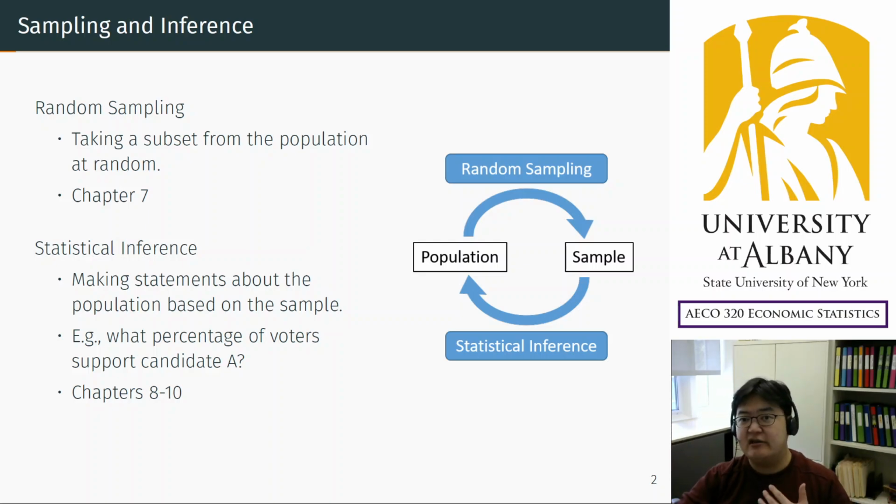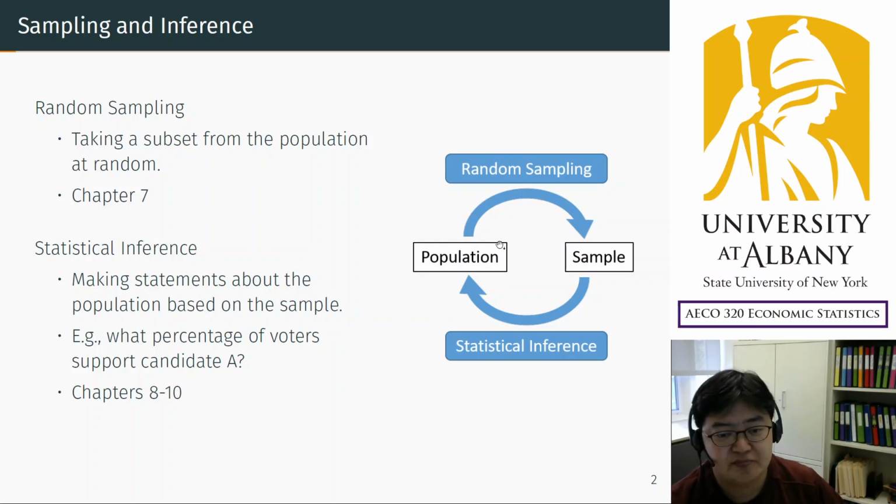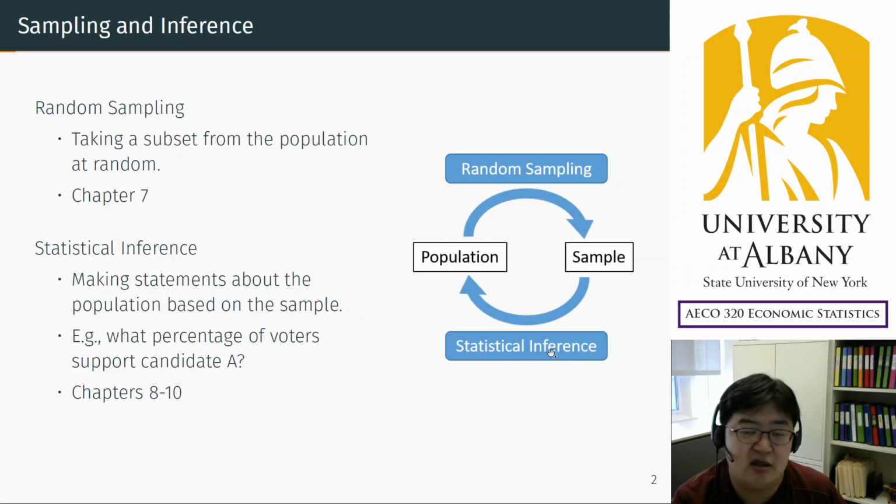You see these kinds of statements in the news and newspapers. That's exactly one example of statistical inference. Statistical inference is quite common in many places, and statistical inference methods are discussed in this chapter and the two following chapters.